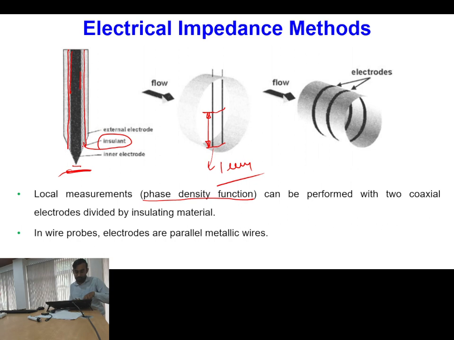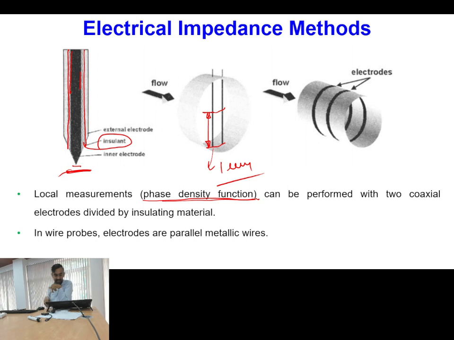In the first approach, with two coaxial electrodes, the measurement was applicable only to the particular location where the probe is located, so it gave a local measurement of the phase density function or phase distribution function. But these second wired electrodes change the output signal in a linear relation to the length of the conductive fluid along the wire.